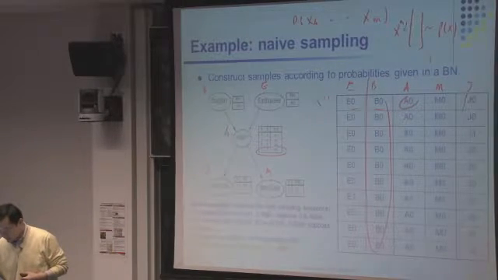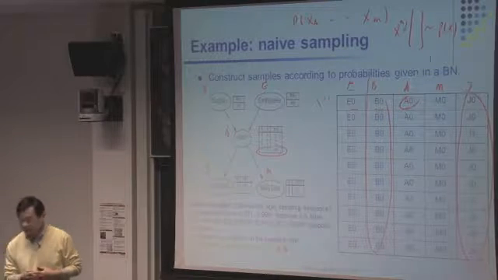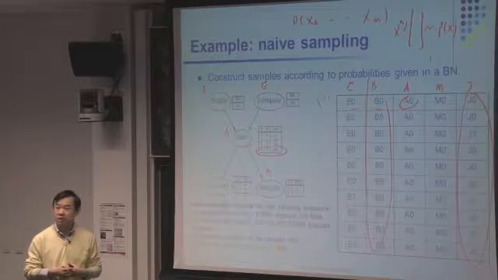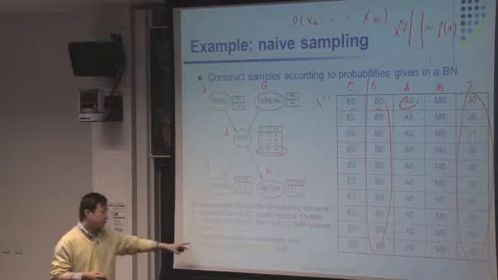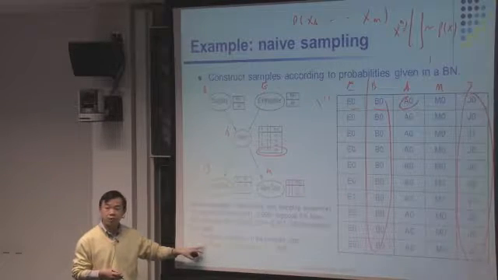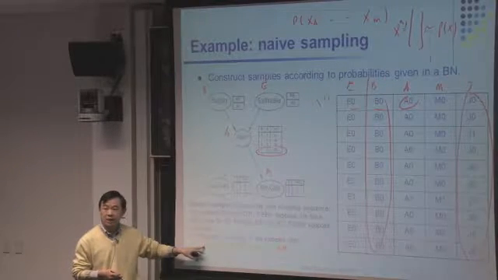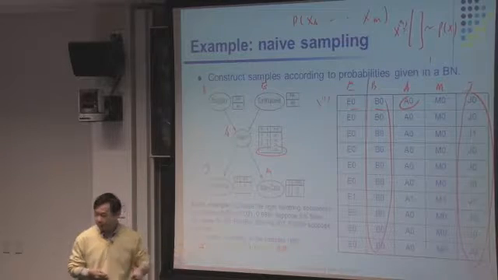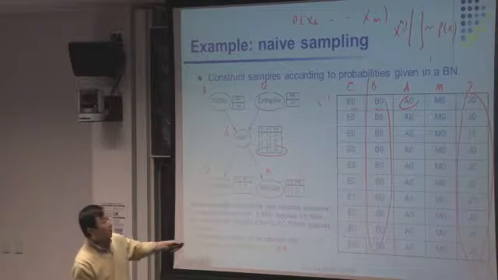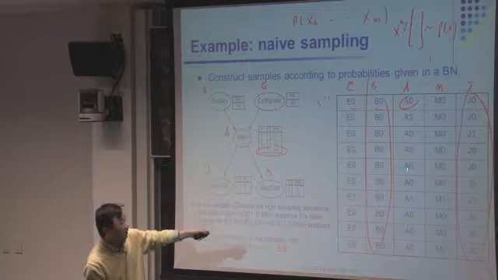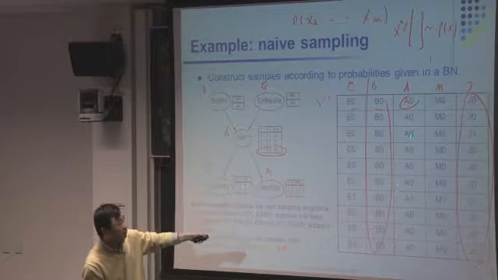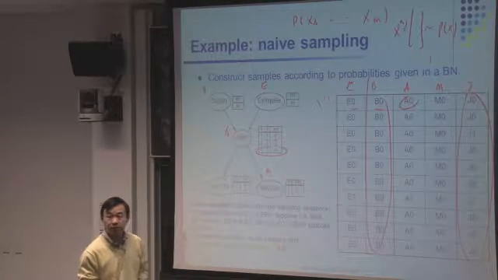You need to first examine all these columns with the J, and then you need to pick the right row where A actually equals 0, right? And so how many do we have? Actually, it's pretty good. Out of the 10 samples, we have most of them equal to 0, right?